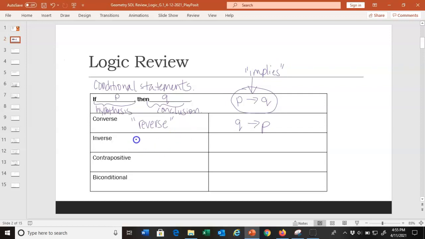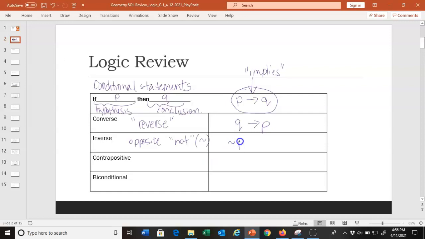The inverse, you make them opposite. Basically, you not them. We're going to talk about that a little bit later too. Not has a very special symbol, and it's the little squiggly line or the tilde. But the inverse alone is just that you make them opposite.